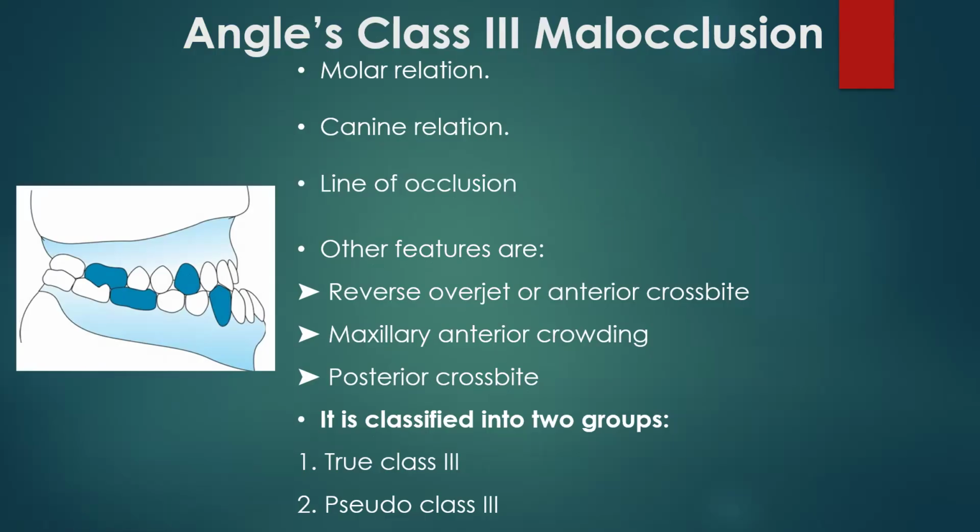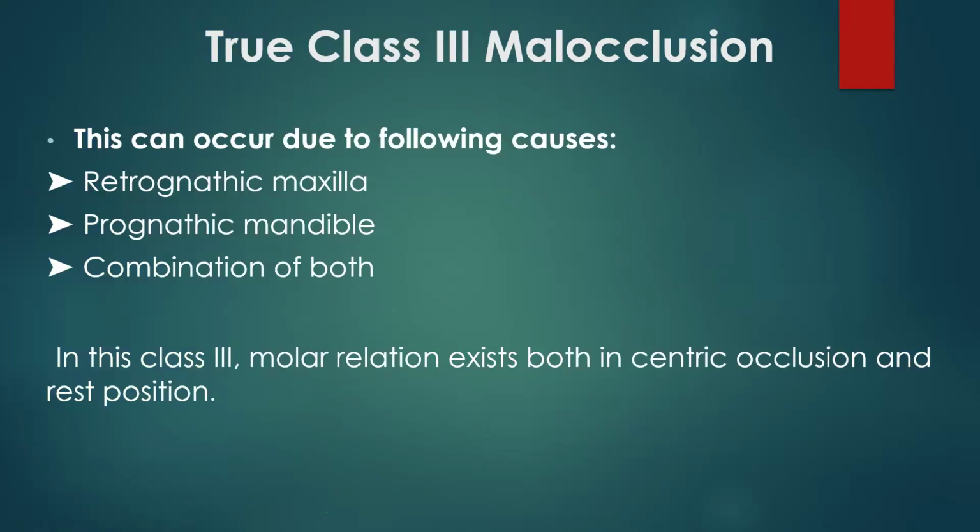Other features of class 3 malocclusion include reverse overjet or anterior crossbite, which can be seen in this figure, increased chance of anterior crowding, and posterior crossbite. It can be further classified into true class 3 and pseudo class 3.